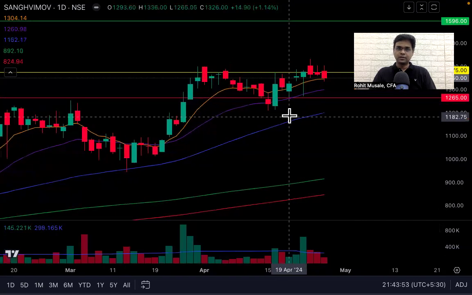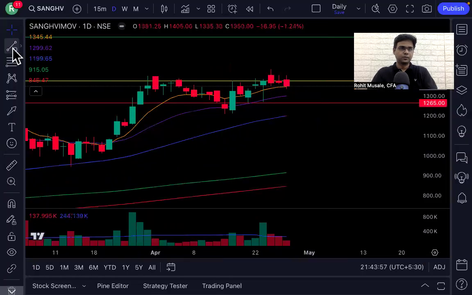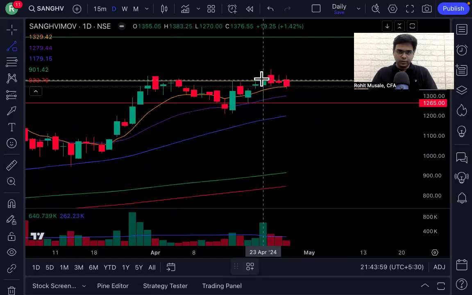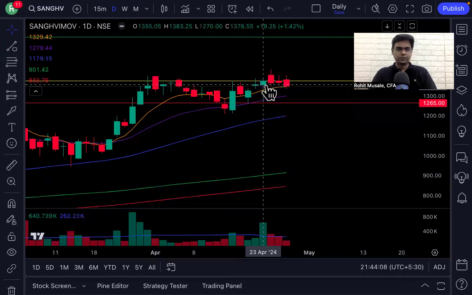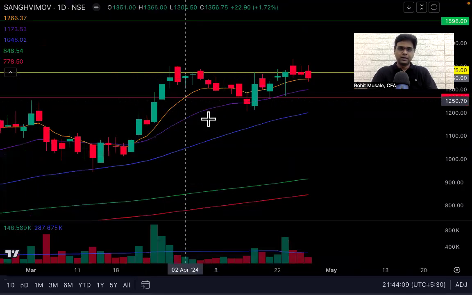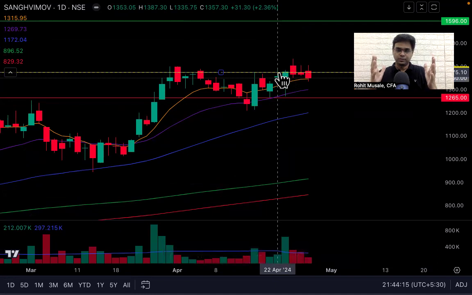So let us see what my loss is here. From the yellow line till the close, my loss is 1.64%. That's the loss I took. Now, please understand that 1.64% loss is on a normal position, but I took half position, right?